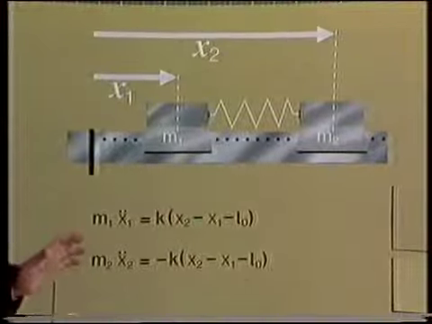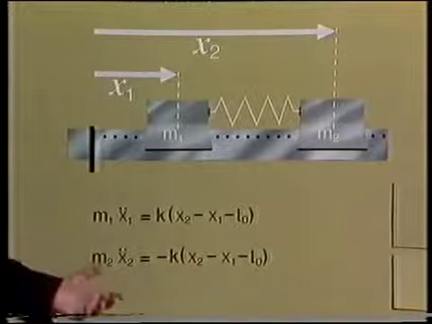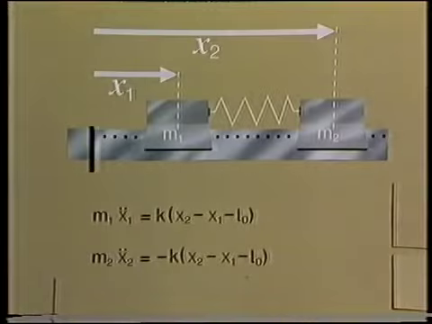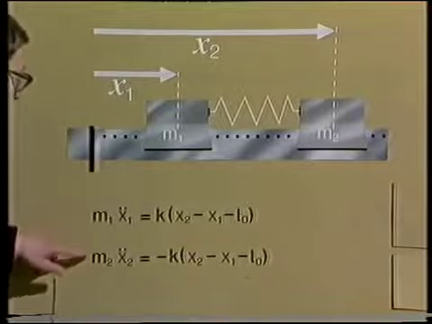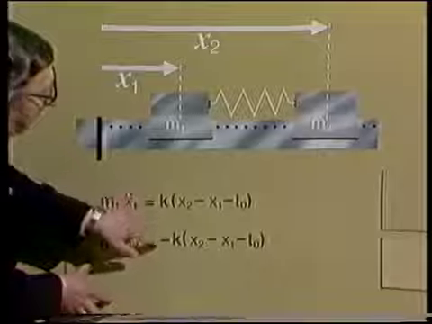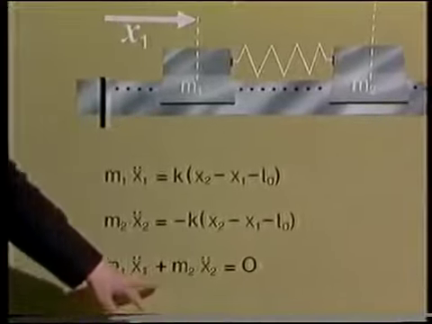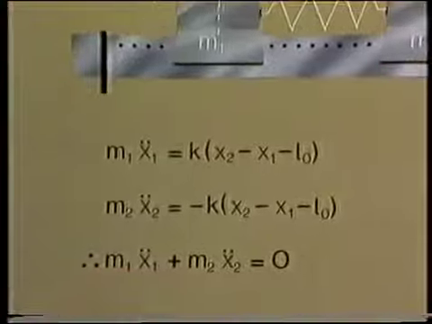Well, these are two pretty complicated coupled second-order differential equations, very nasty, and I suppose that tells us why the motion of each of the gliders is pretty complicated. But notice something. If I add the equations together, because these right-hand sides are equal and opposite, they just cancel out, and I get this very simple equation.